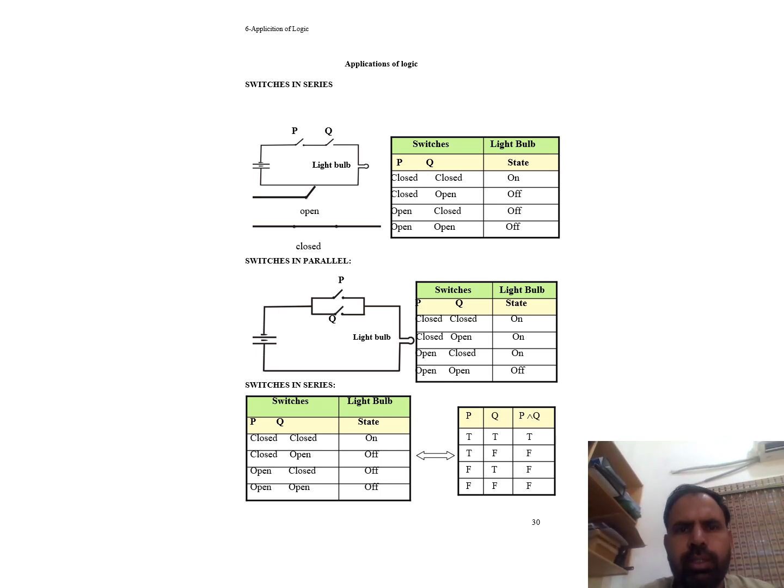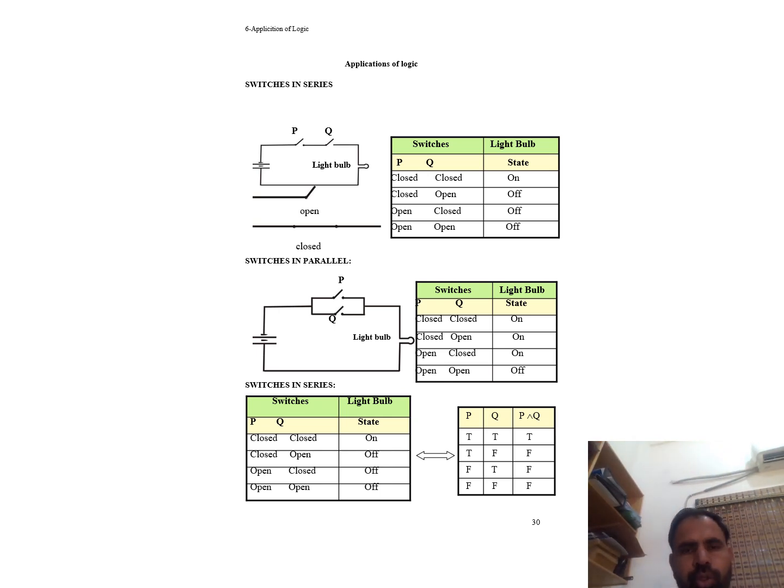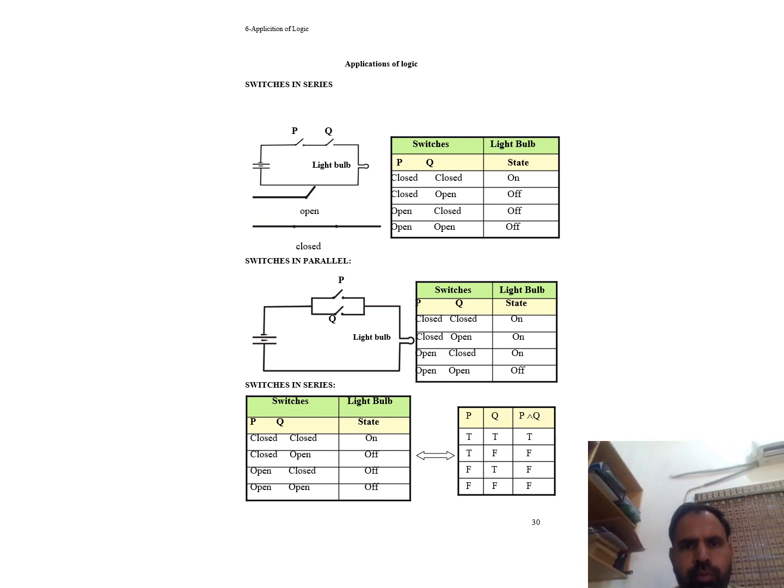If we discuss switches in series, here is the circuit. Here are the points P and Q. This is the light bulb. For open we use this, and for closed we use this. Now these P and Q are open. If P closed and Q closed, then the status of the light bulb will be on.